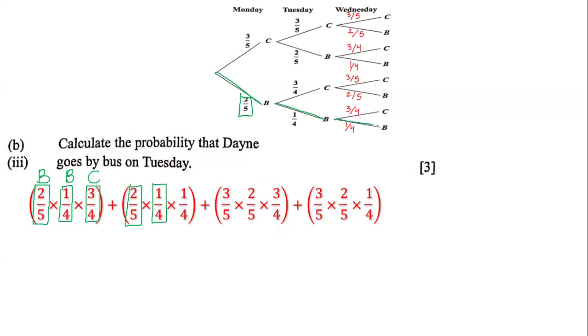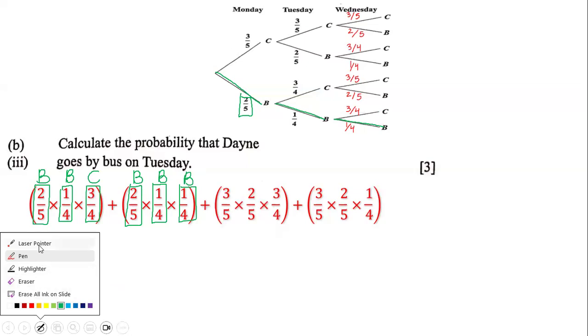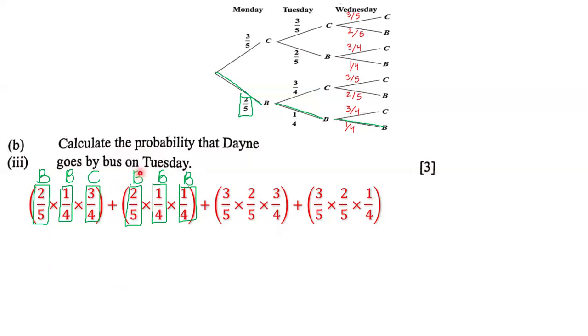So he takes the bus on all 3 days: Monday, Tuesday, and Wednesday. In any event, he still takes the bus on Tuesday. So that's a possible way that it could happen.